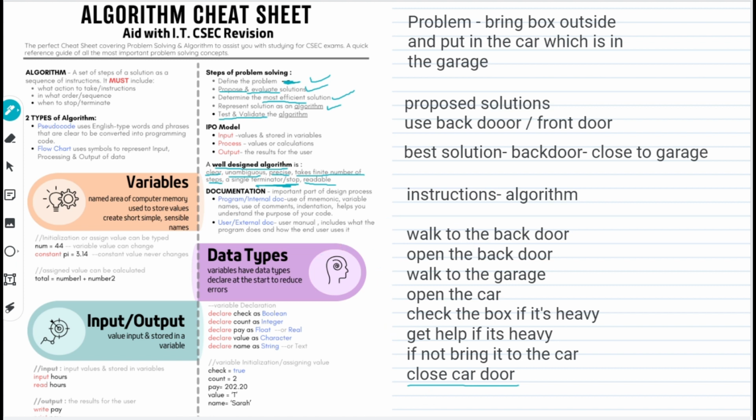Now, I'm looking at your algorithm. I could do some more tweaking to it because you did not tell me that you put the box in the car. You realize that? Did the box go in the car? You said that you check the box if it's heavy, get help if it's heavy. If not, bring it to the car. When you brought it to the car, did you put it in the car?